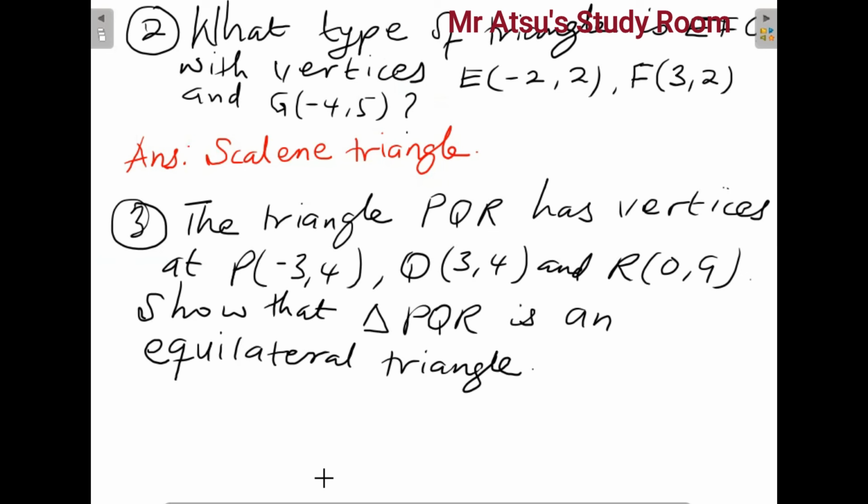The lengths of all three sides should be equal. If that happens, then you can conclude that triangle PQR is an equilateral triangle. So immediately you finish solving and they are equal, you conclude that therefore triangle PQR is an equilateral triangle.